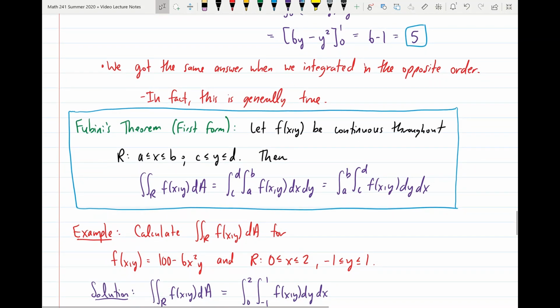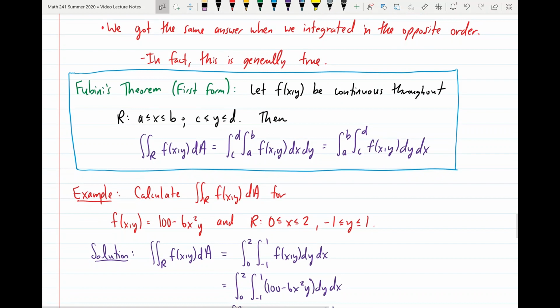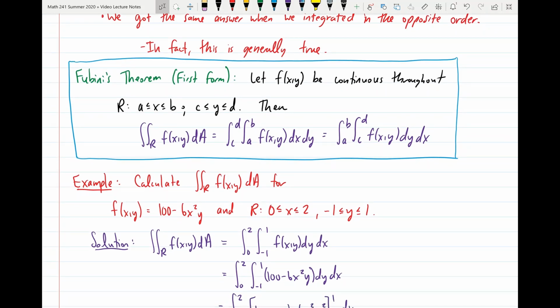And in fact, this is generally true. It's not just true for our example, it's true for all continuous functions f of x, y. And this is called Fubini's theorem, specifically the first form of Fubini's theorem.